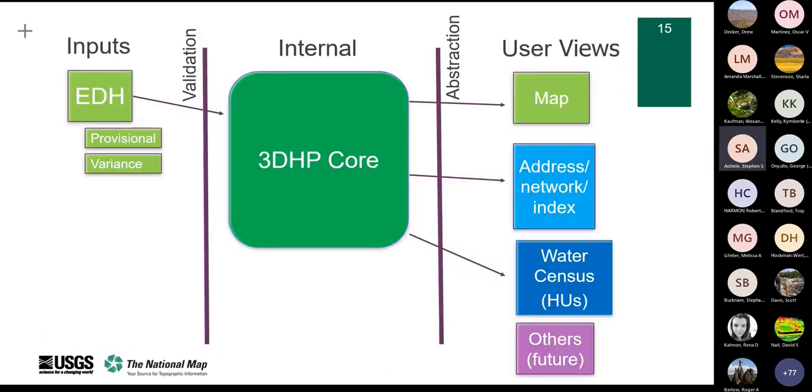Where we're going with this going forward is a much simpler workflow, and obviously this is again a simplified flow, but really relying on a standard input format, and that's the elevation derived hydrography schema. This is what's described on our specifications page. We can provide a sort of an empty data set of the graph schema for you to fill in.